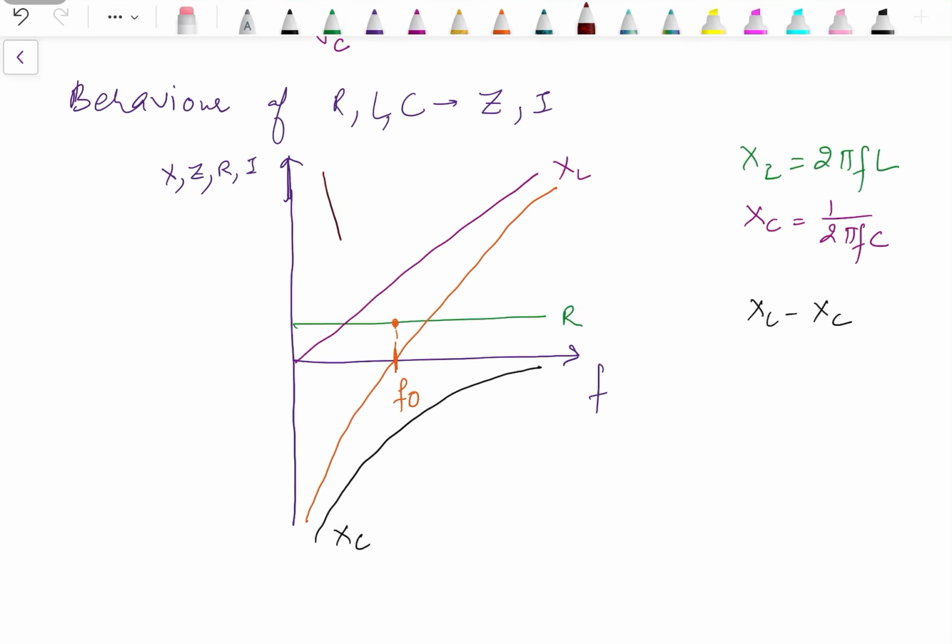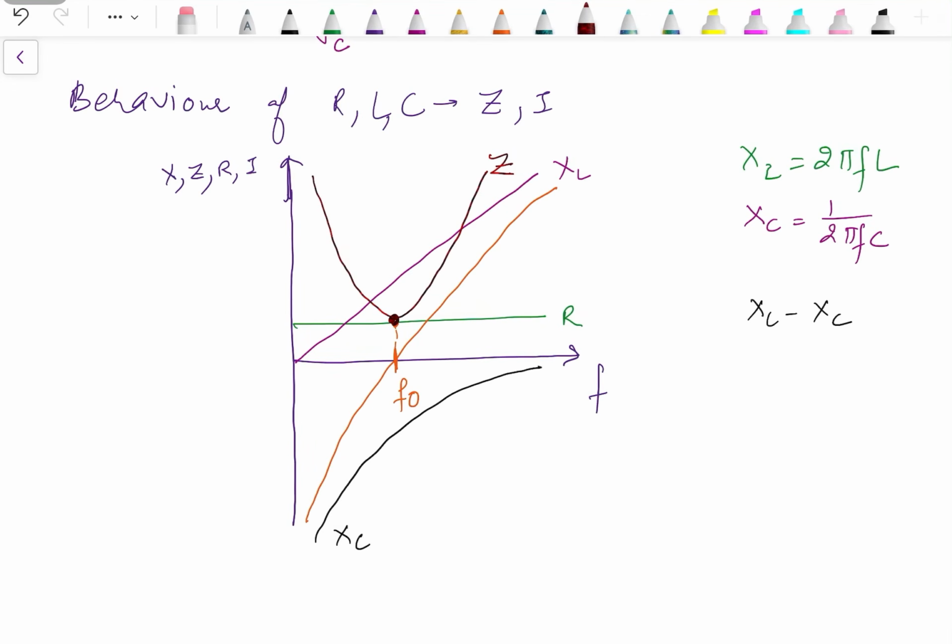So the impedance is like this. This is how the impedance varies. It's minimum at resonant frequency. It keeps on increasing if we go on decreasing the frequency below the resonant frequency.